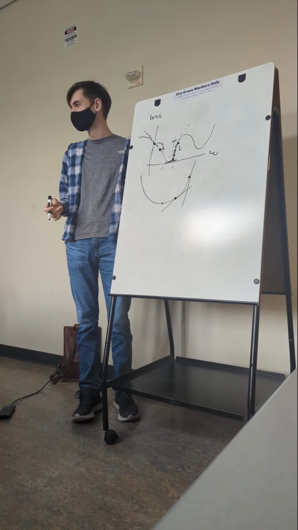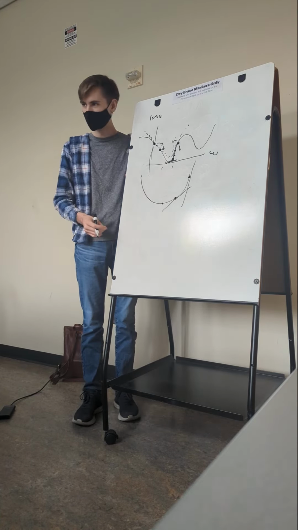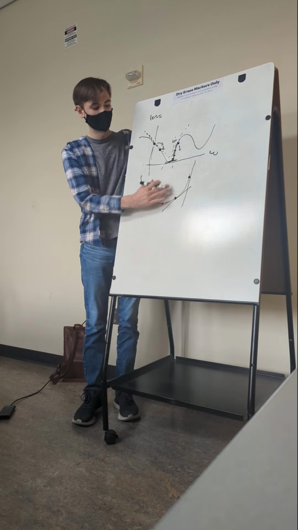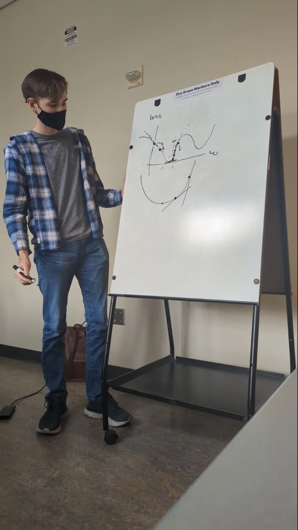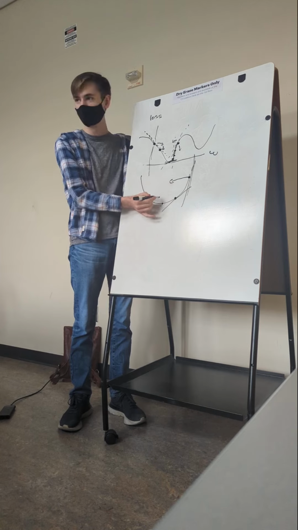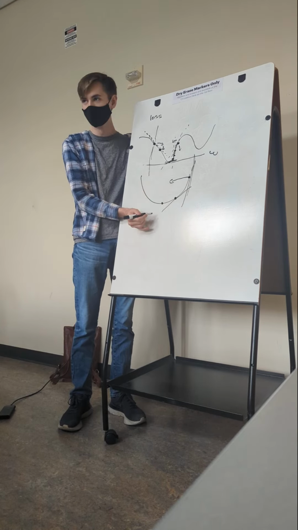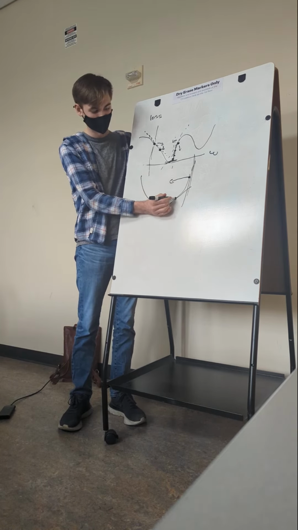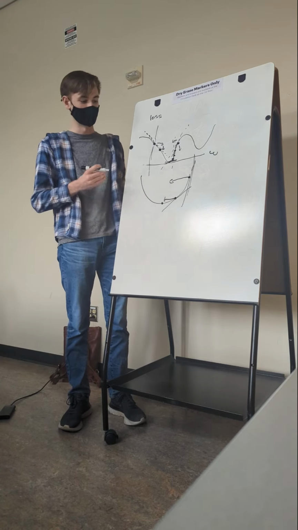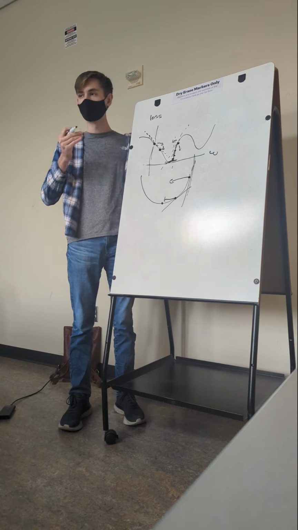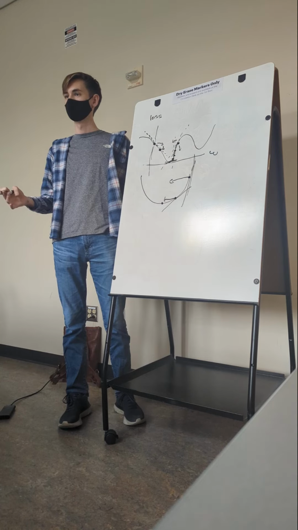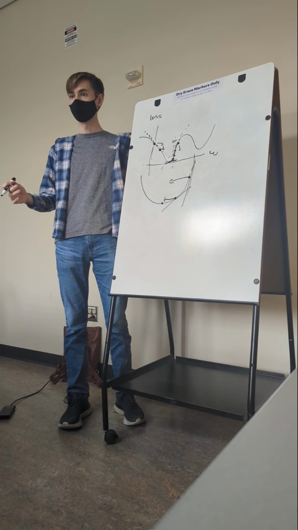There's no real word for less steep in English, which is kind of annoying. Shallower, maybe. Shallower slope. So a very steep slope means you have to go a really long way to get to the local minimum, and a really shallow slope means you don't have to go as far. So we should be taking steps in proportion to the magnitude of the derivative. Does that make sense? Yeah? Okay.